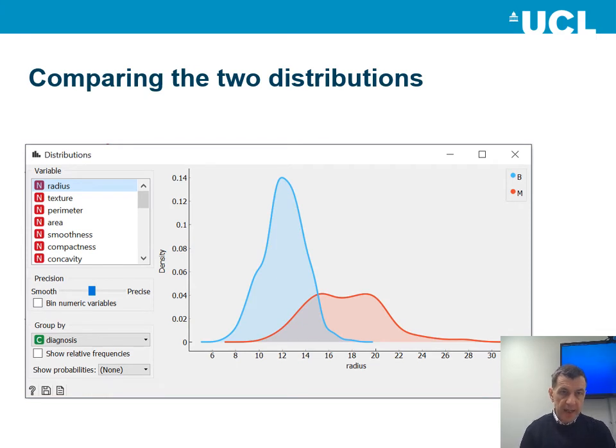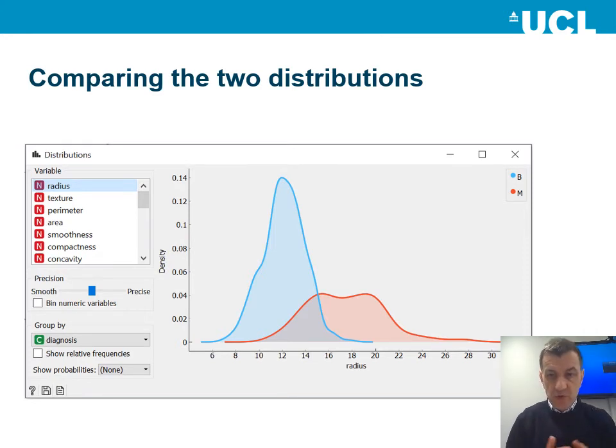If you take one of the data sets that we are going to use later on in the module, the Wisconsin breast cancer data set, one of the features is the radius of the tumor. You can look at all the different instances in the data set, and some of them are benign tumors and some of them are malignant tumors.